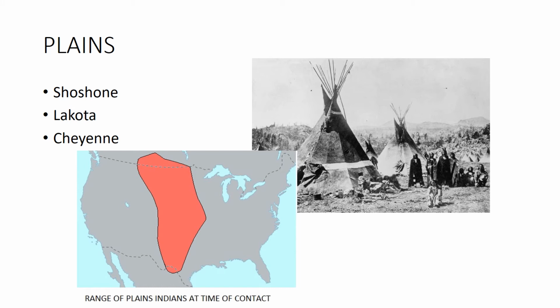Many tribes are associated with the Great Plains, including in the north the Shoshone, Lakota or Sioux, and Cheyenne, also the Arapaho. In the south, the Comanches and the Kiowa in western Oklahoma and Kansas and down into Texas.